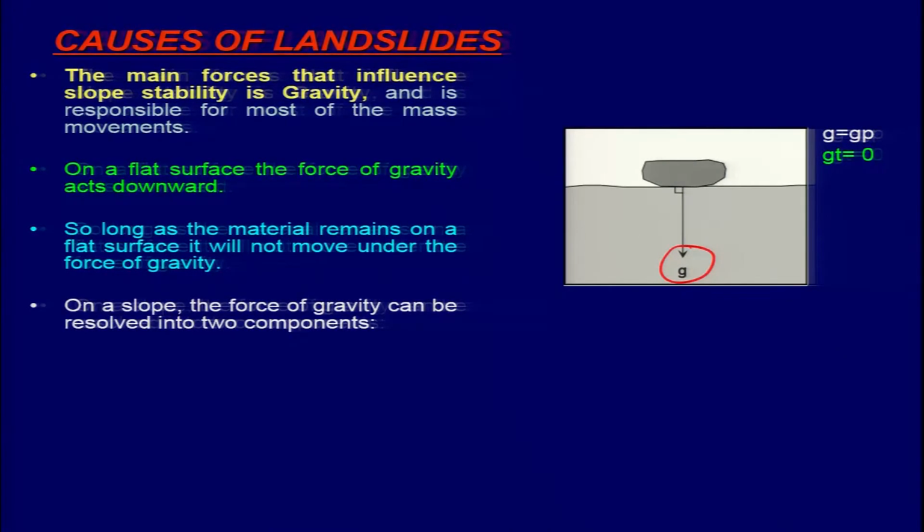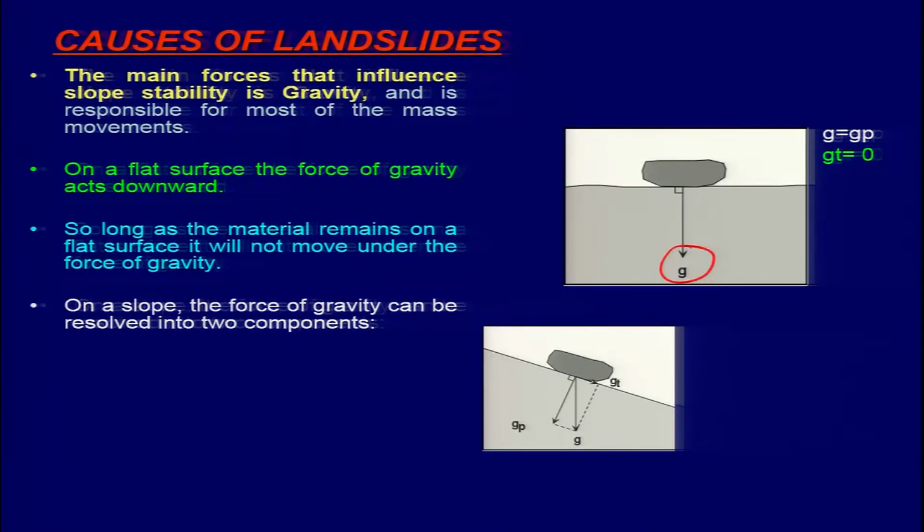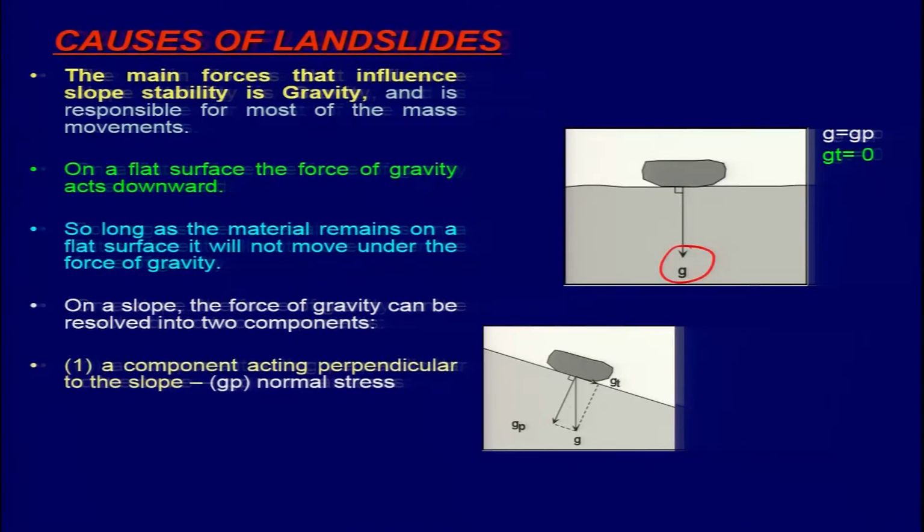On a slope, the force of gravity can be resolved into two components. One is your Gt and another one is your Gp. A component acting perpendicular to the slope, this one, is your normal stress.